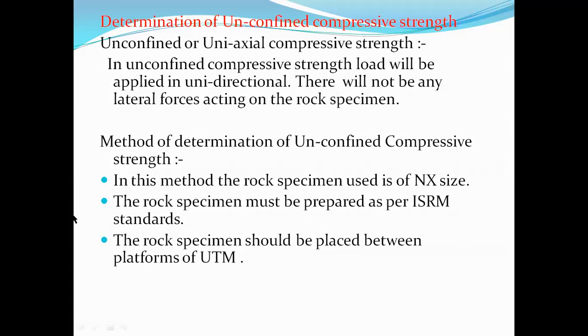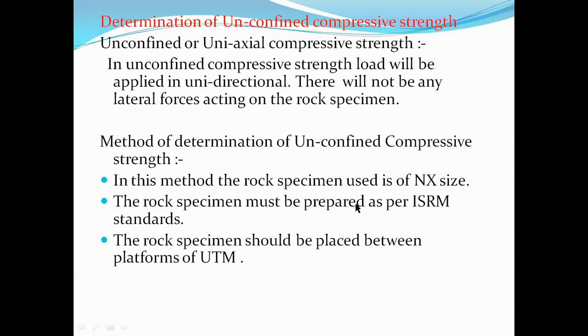Now, let us discuss the method of determination of unconfined compressive strength, that is, how exactly we perform the test to determine the unconfined or uniaxial compressive strength of the rock specimen. In this method, the rock specimen used is of NX size. In the previous video lecture, I had also shown pictures of various samples collected in the field.